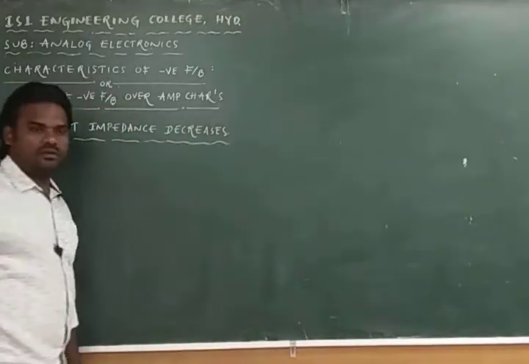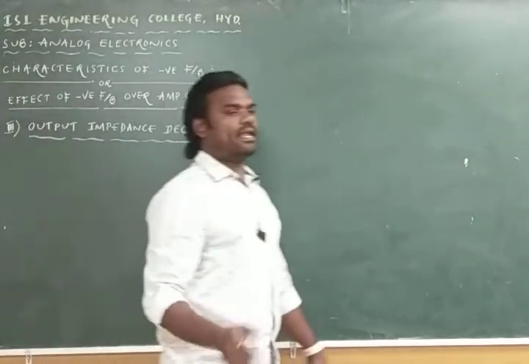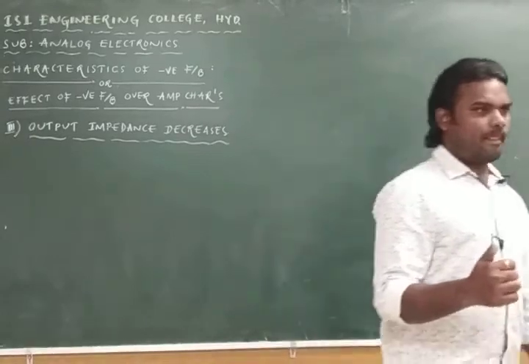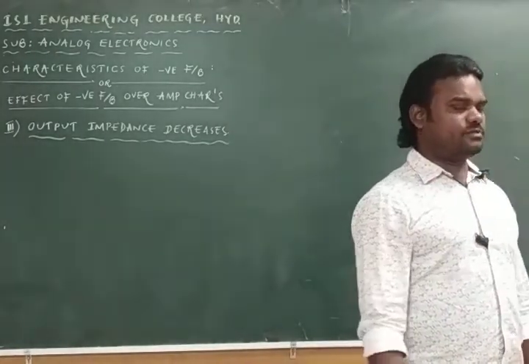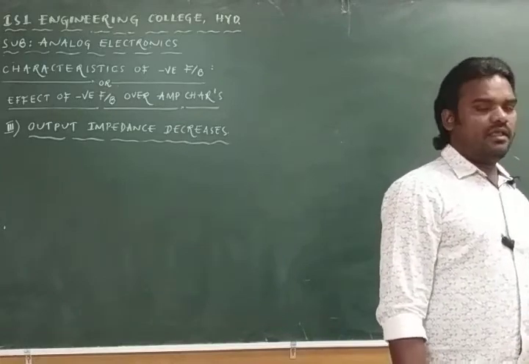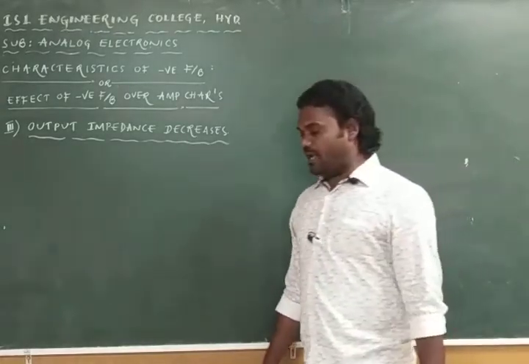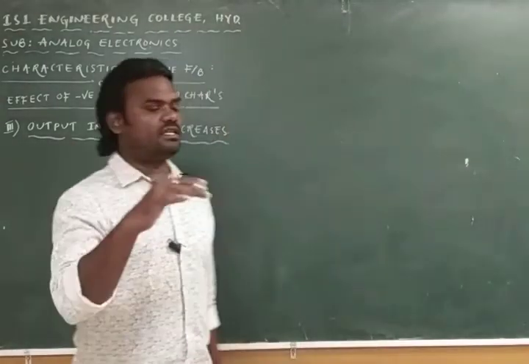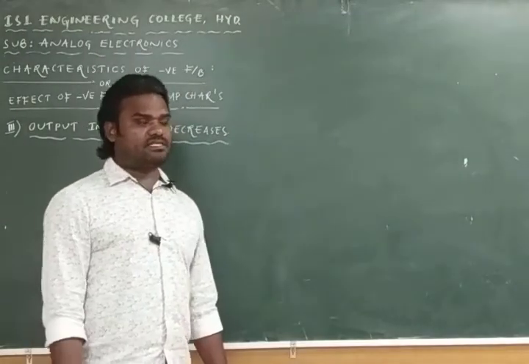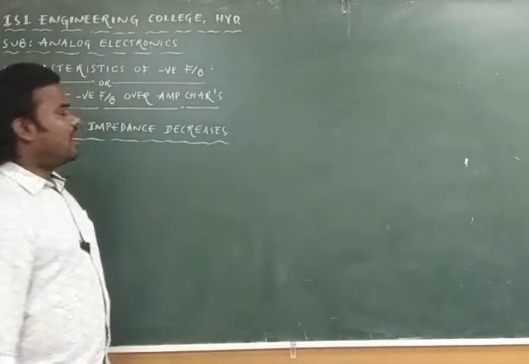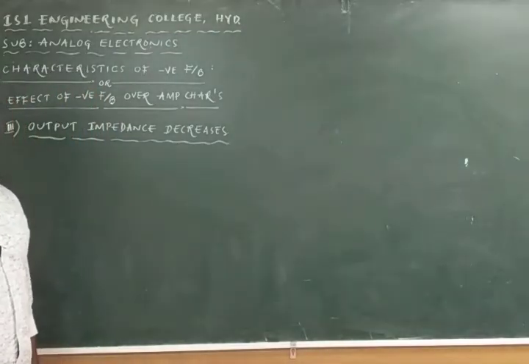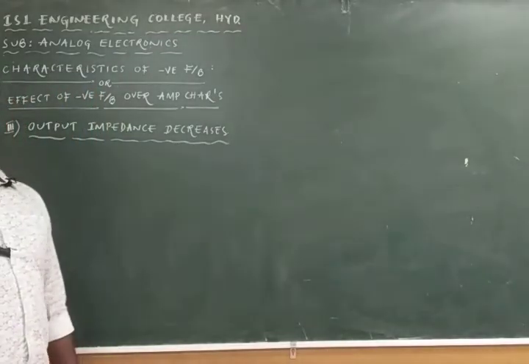Then, by employing the negative feedback, gain will be stable, but it reduces slightly, that is by 1 plus A beta times. Then coming to the effect on input impedance: does input impedance increase or decrease? Increases. But here output impedance decreases.